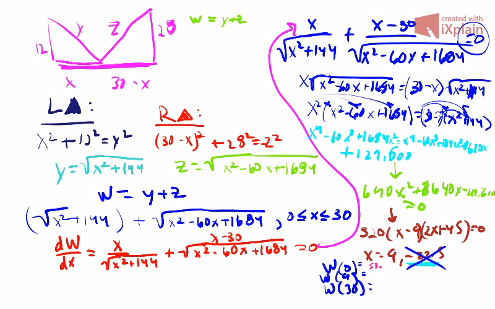This is 53.04. This is 50. And this is 60.31. So you conclude that the wire should be staked 9 feet from the 12-foot pole. 9 feet, we get that right there. That was not a good square, but we get that right there.